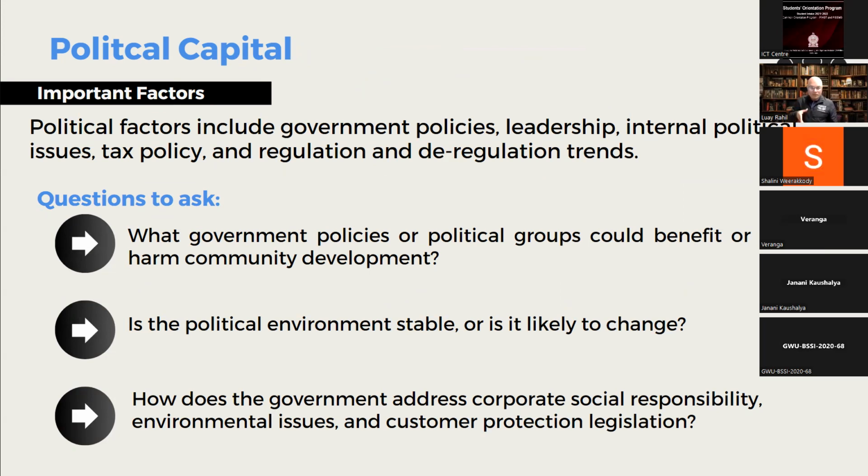For example, one of the biggest challenges we have in the United States is our tax policies. Companies coming to the United States know they need to pay 20, 30% in taxes. This is a challenge for us because a lot of companies say, why would I go to the United States if I pay a lot of taxes?